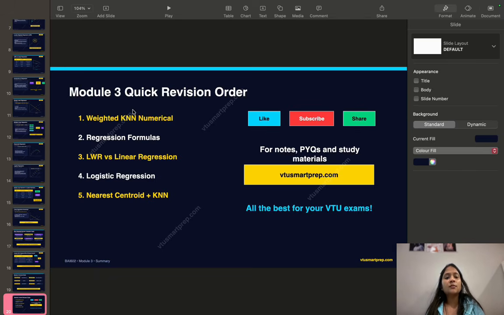Then followed by the logistic regression topic, and then nearest centroid plus KNN comparison questions they have asked. Here I have just mentioned the keywords mentioned in the questions.